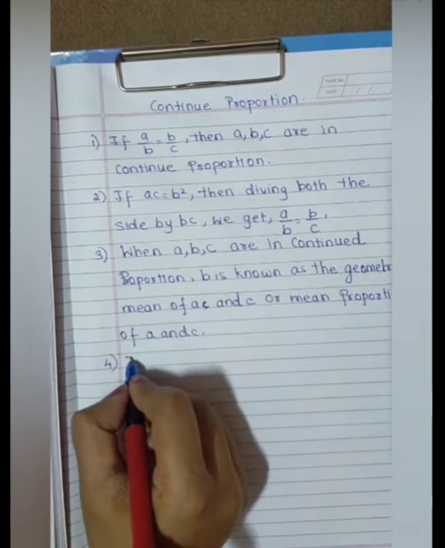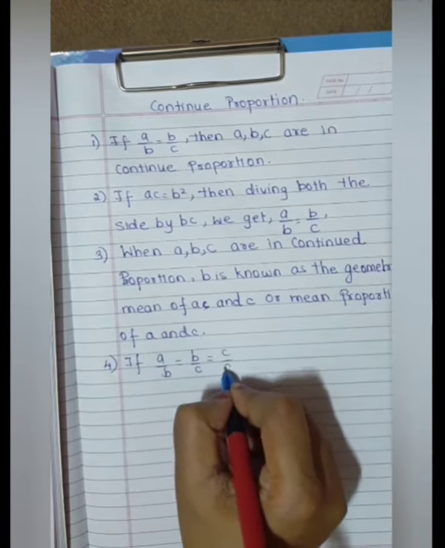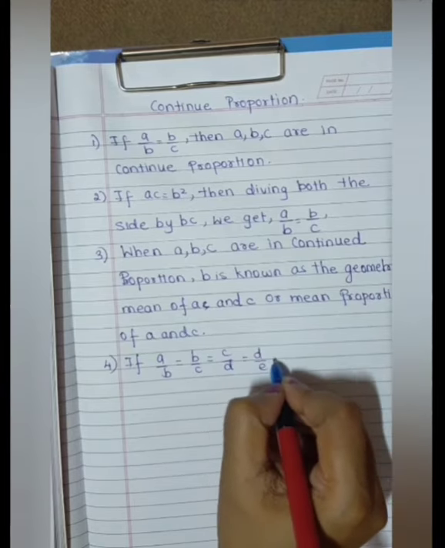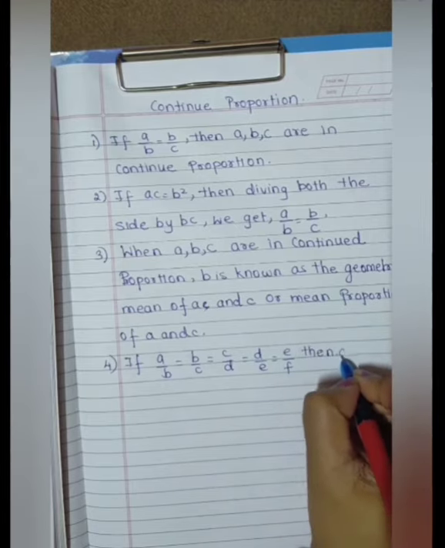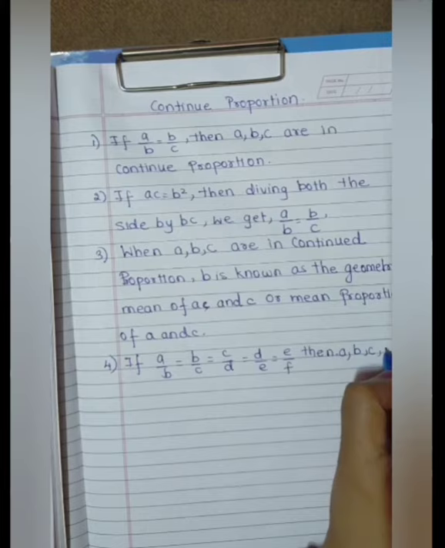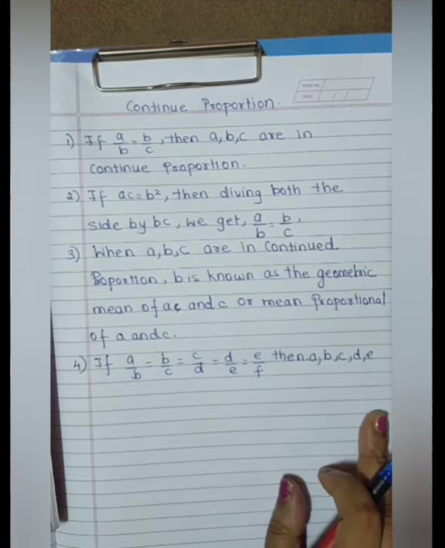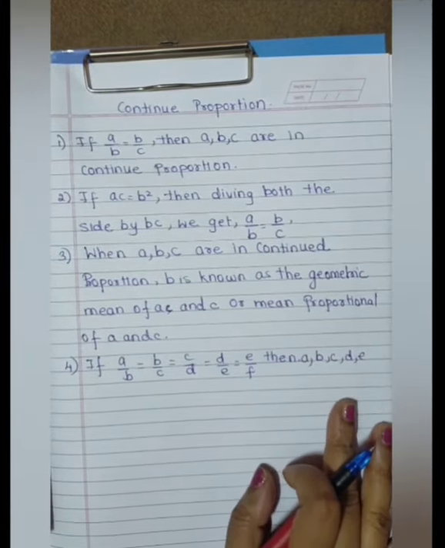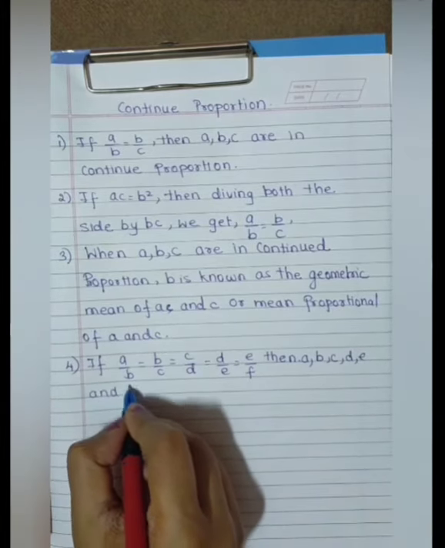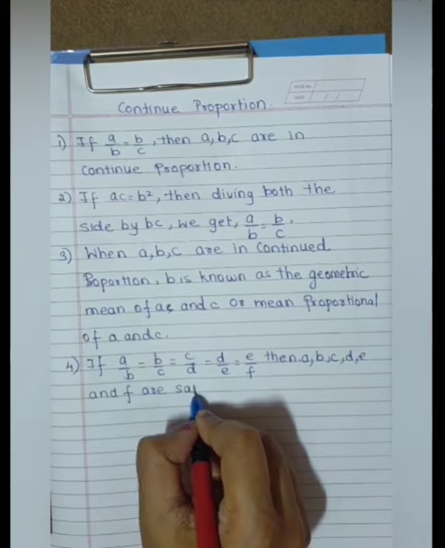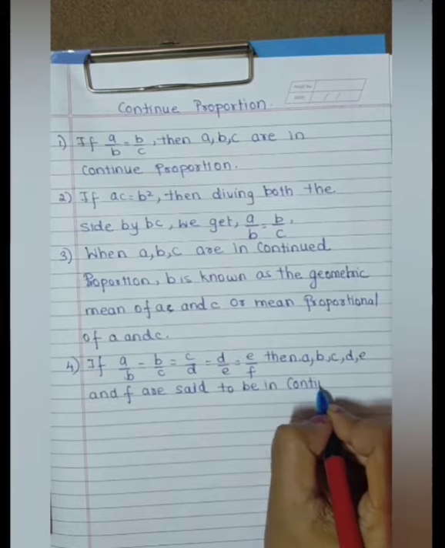The fourth, most important point: A upon B is equal to B upon C, equal to C upon D, equal to D upon E, equal to E upon F. Then A, B, C, D, E and F are said to be in continuous proportion.